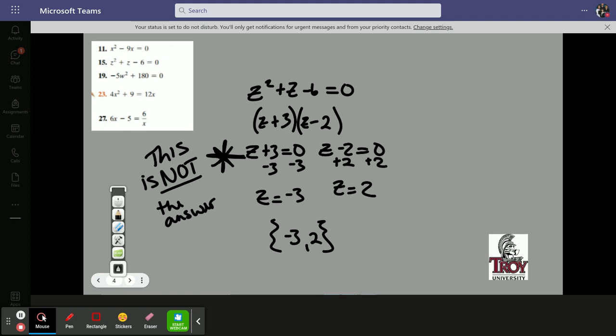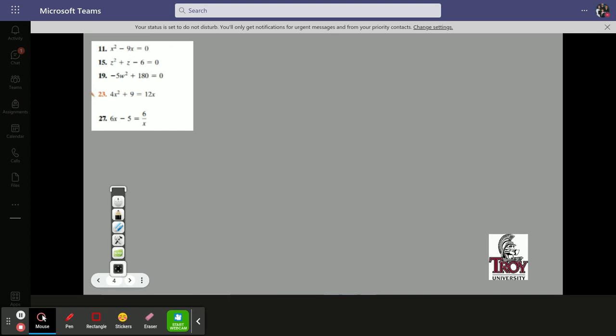All right, we're going to try 23. 23, and we're going to want to use that AC method on 23, okay? Can I clear? All right, so we're going to start with 4. Move that 12x over.